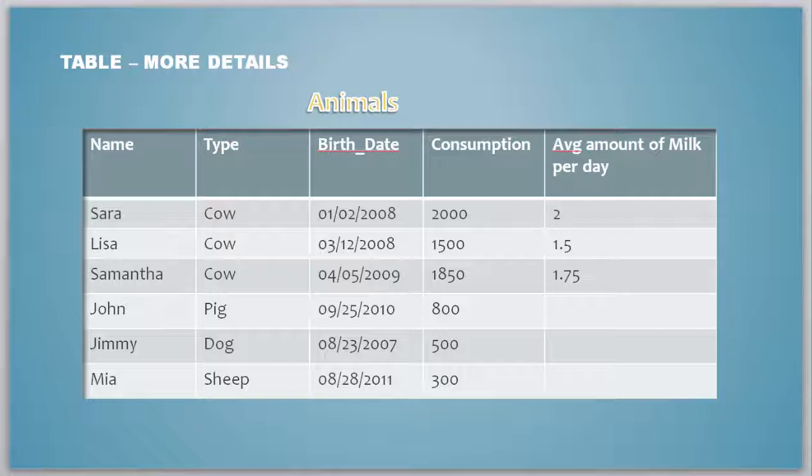Like we discussed, we have columns, right? Name is a column, type is a column, birth_date is a column, consumption is a column, average amount of milk per day, that's a column, and then we have rows.